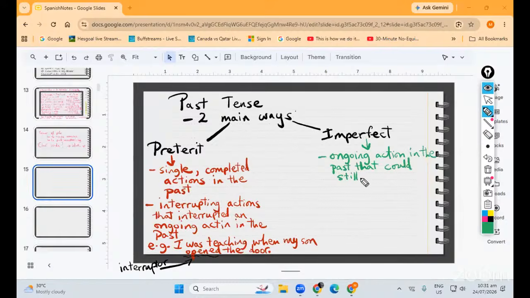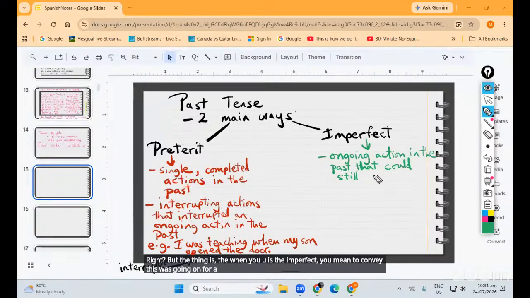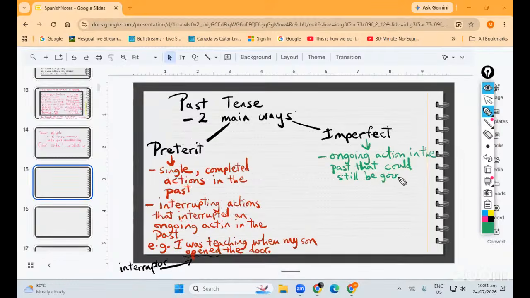Right? But when you use the imperfect, you mean to convey this was going on for a while. Right? And I'll give you an example. I was teaching. Right? But even if it is finished, the goal is still to show it was going on for a while.